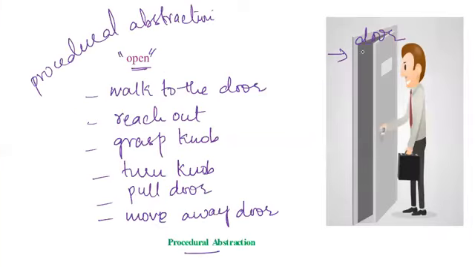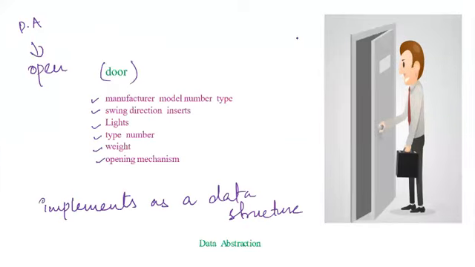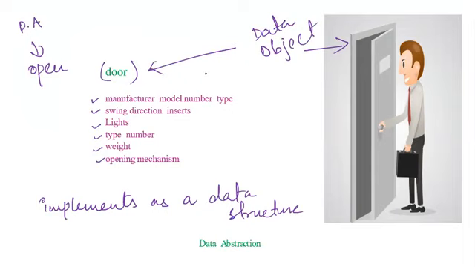Your door here is your data object. Here you are describing your data object, that is the door. So this is your procedural abstraction and your data abstraction. Abstraction is the level of detail that is given for the solution of any problem.